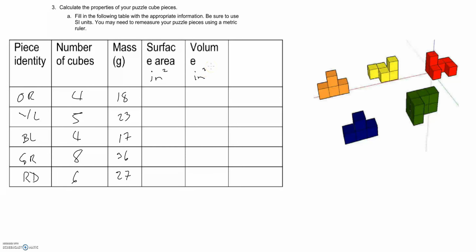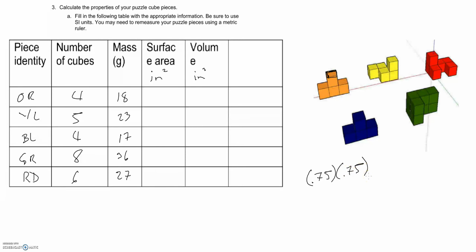And let's think of how we would do this. For you guys, I don't want you to go and measure your blocks because I already told you can take them home. So each block was supposed to be 0.75 inches, right? And the area of just one of these faces is going to be 0.75 times 0.75.